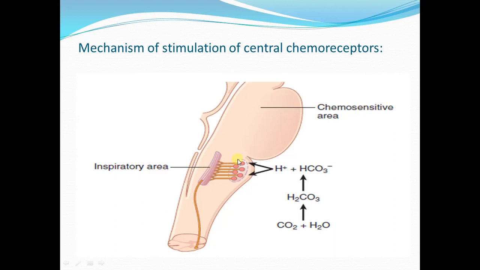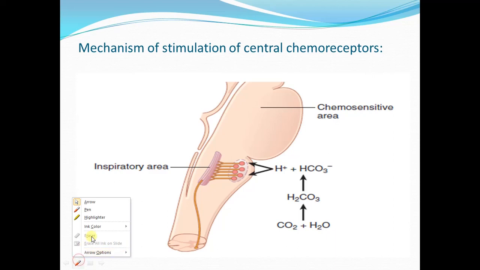Now, when is this chemosensitive area stimulated? The neurons in the chemosensitive area are excited when there is an increase in the concentration of hydrogen ions in the interstitium and in the CSF.